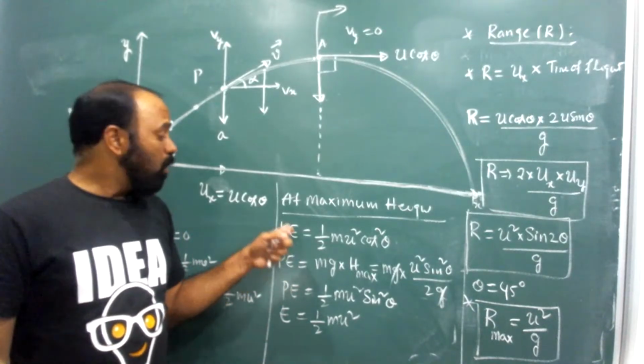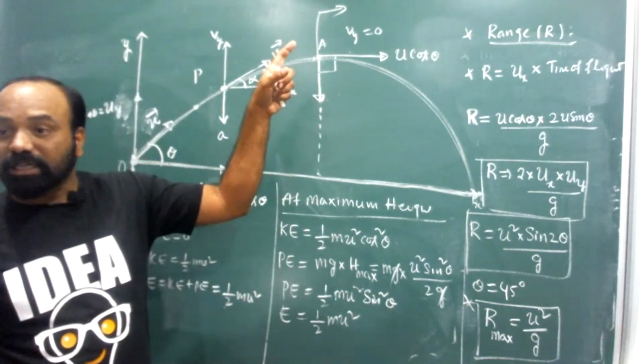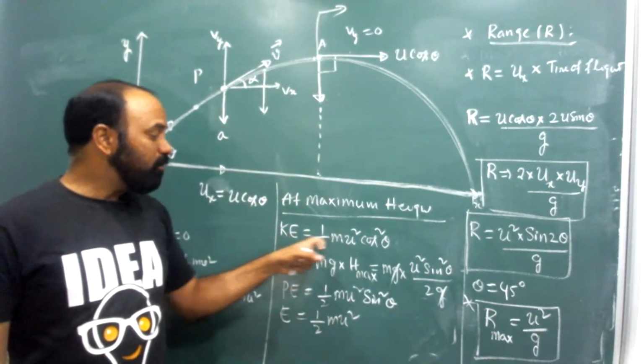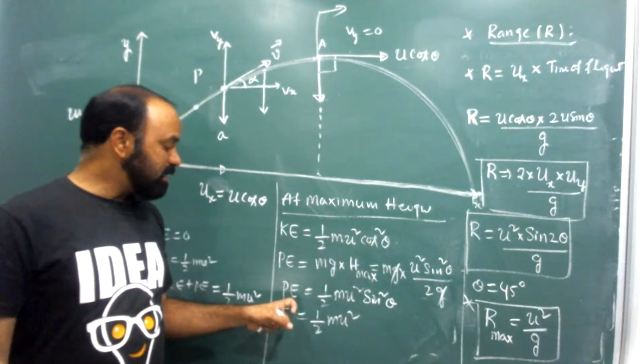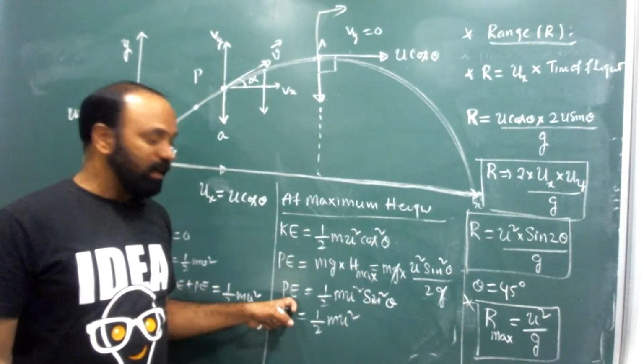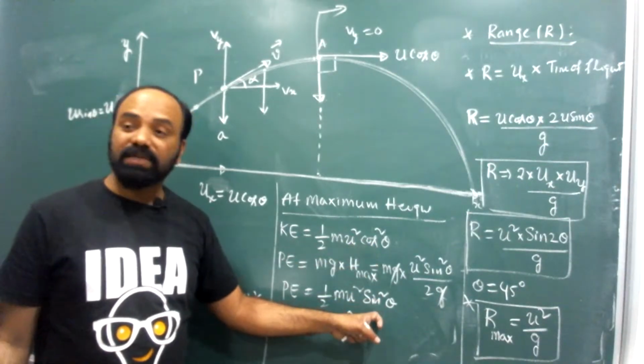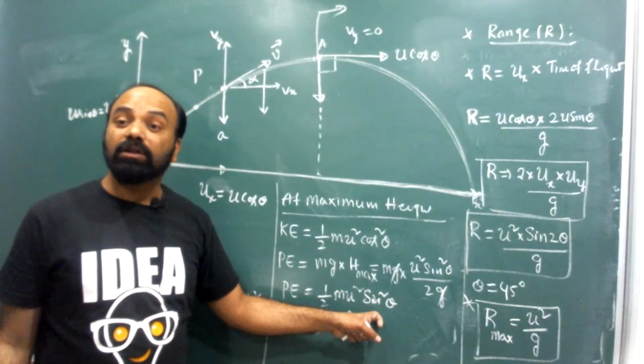If they ask what is the ratio between kinetic energy and potential energy at the maximum height, this is half m u square cos square theta and this is half m u square sin square theta. If they ask the ratio of KE to PE, half m u square gets cancelled, giving cos square theta by sin square theta, which is cot square theta.